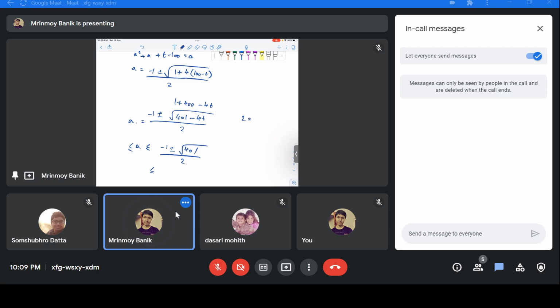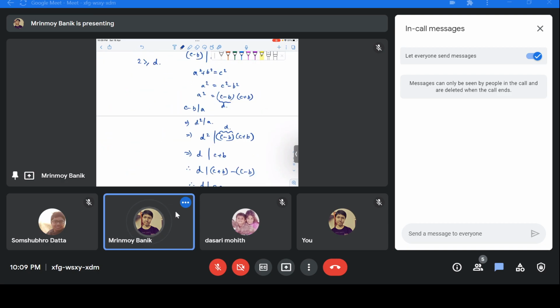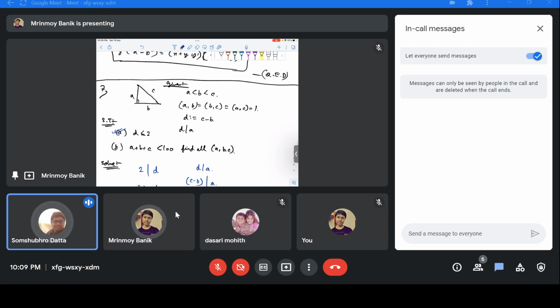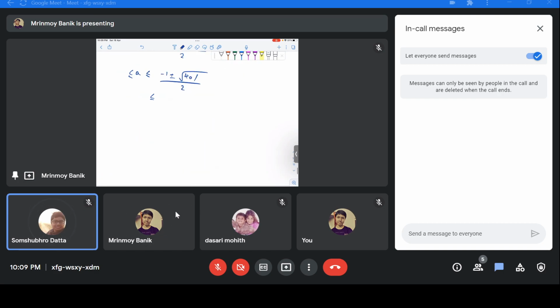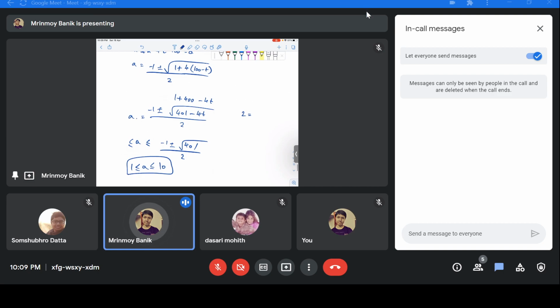We are given these are integers, right? Then the minimum is one. So a is between 1 and 10. Pretty good bound, I guess.